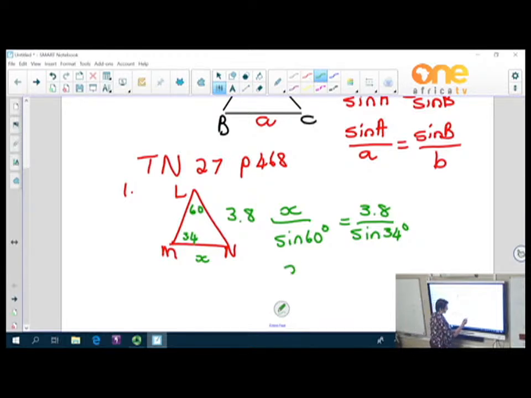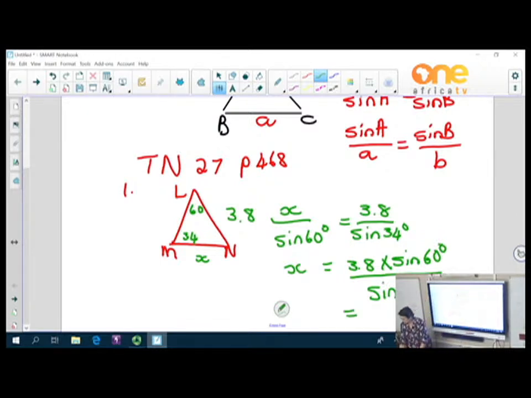I want to find x, so this is going to be 3.8. To get rid of this one here, to have x alone, I will multiply with sine 60. So what I do on the one side, I do on the other side, and then we divide by sine 34 degrees. And that's then just a calculation that we're going to do on our calculators.